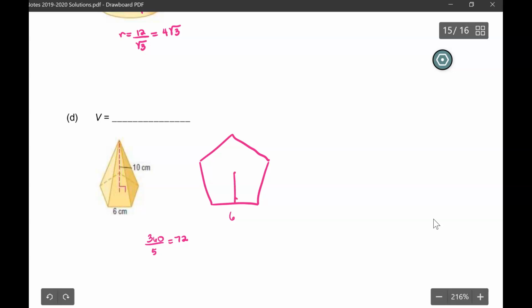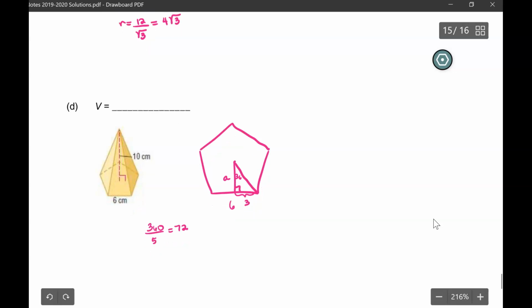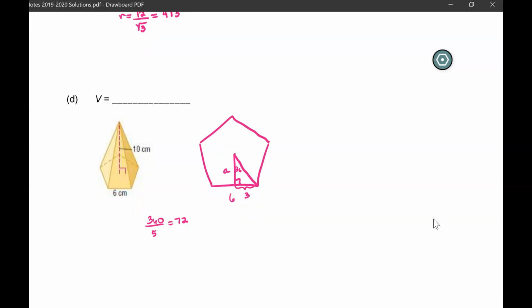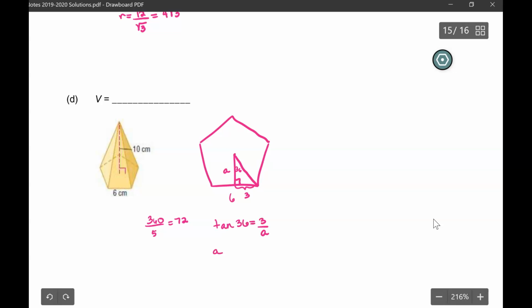We're going to cut that in half and draw here, so this will be 36. This part is 3, and I need to find the apothem. In order to find the apothem, I'm going to have to use tangent. So tangent of 36 equals 3 over a. So the apothem is 3 divided by tangent of 36.